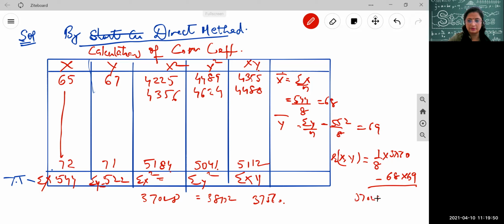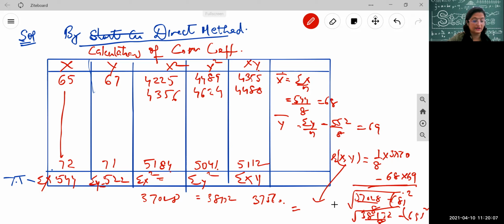But after putting all the values, then rest of the values you will put, that is 37028 divided by 8 minus 68 square. This is the variance of x. And again, now look, it comes under the square root, 38132 divided by 8 minus 69 square. So after solving all these values, what value of correlation coefficient will you get? 0.603, and it is less than 1.